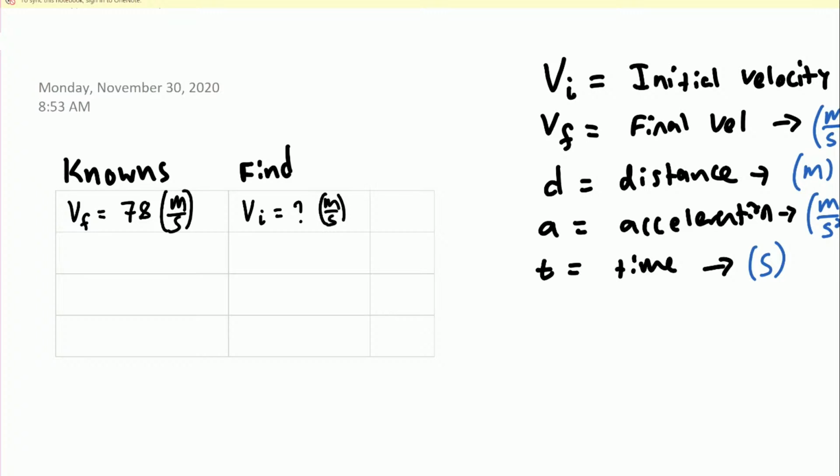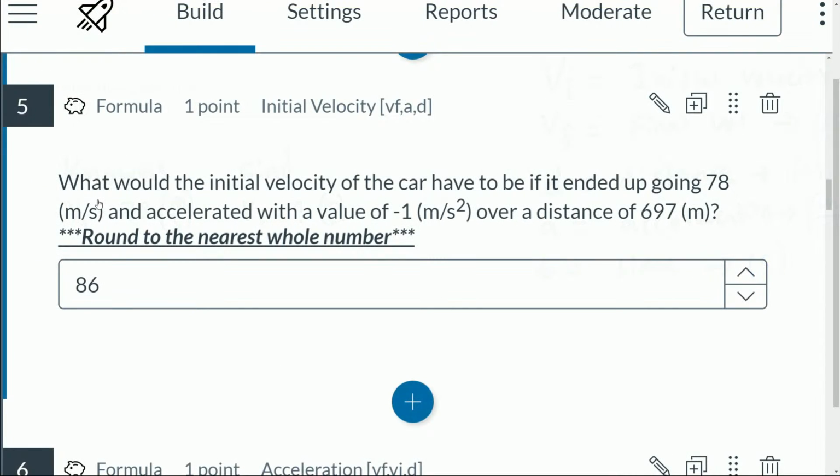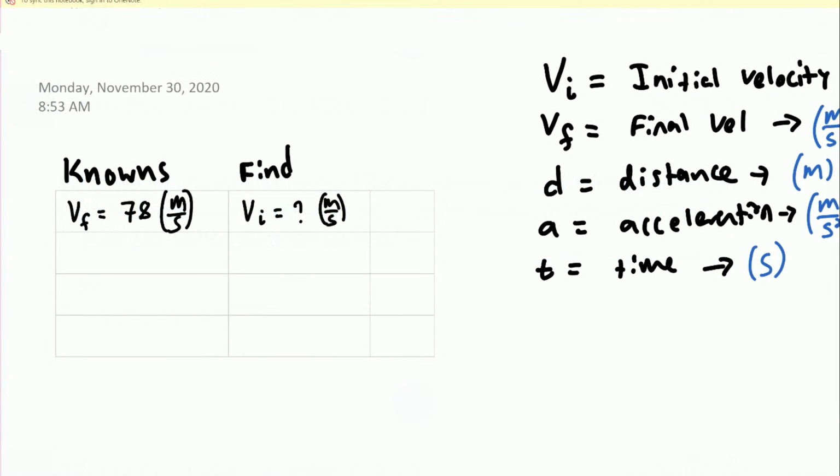You cool with that? Then it says it accelerated with a value of -1 meters per second squared. So in my problem, the acceleration is going to be -1 meters over seconds squared.